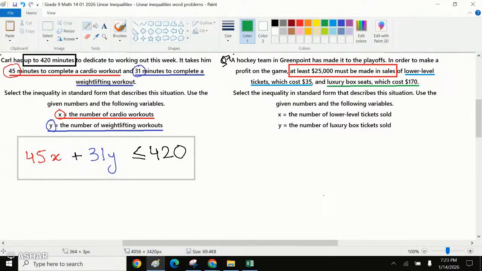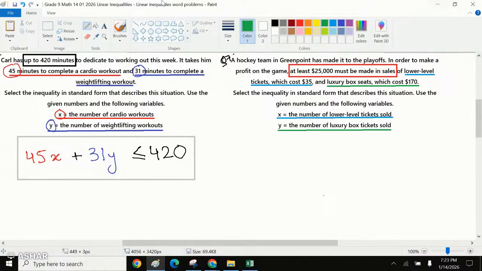Write the inequality in standard form that describes this situation. X represents the number of low level tickets sold, whereas Y represents the luxury box tickets sold.